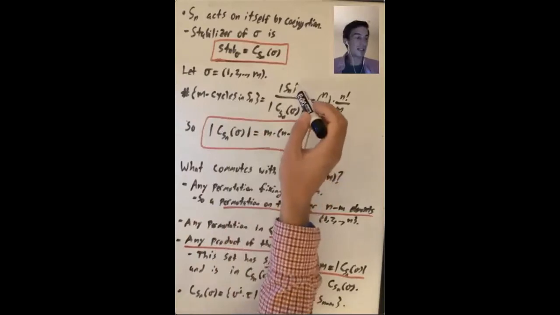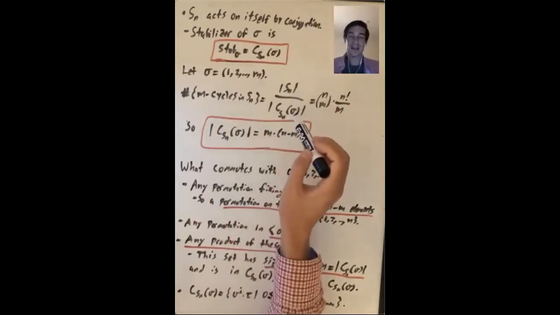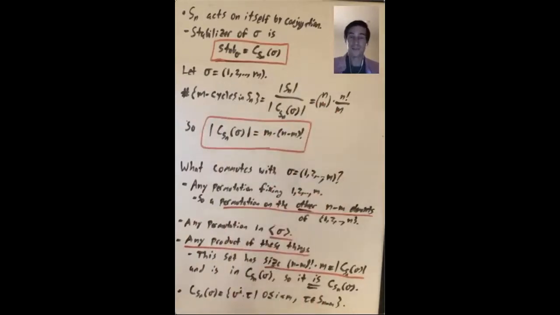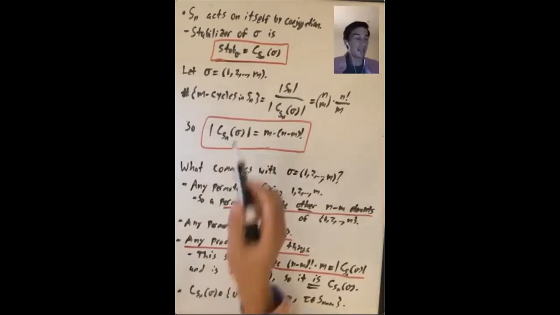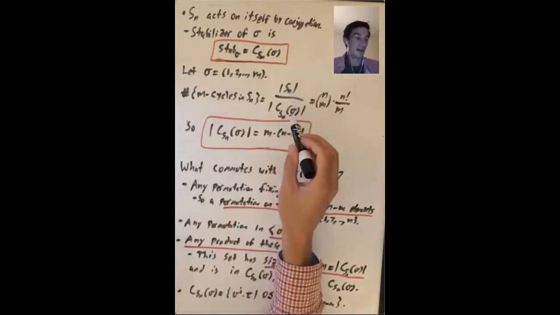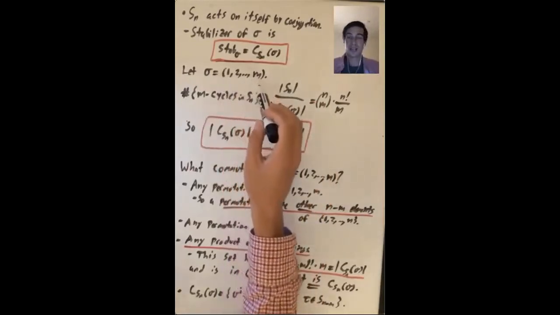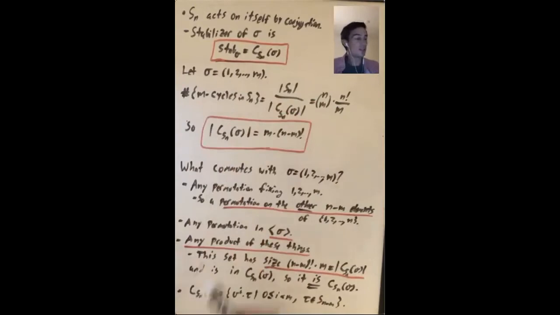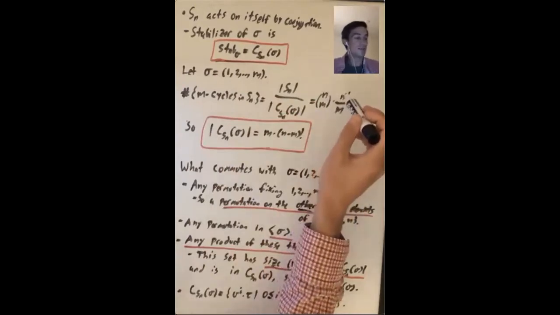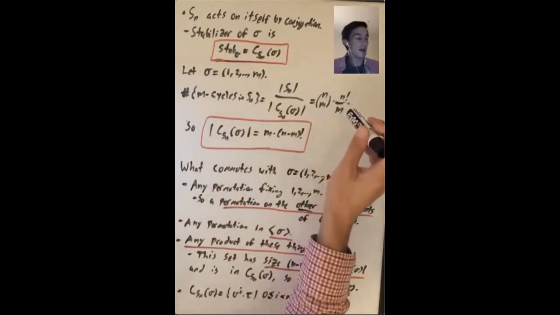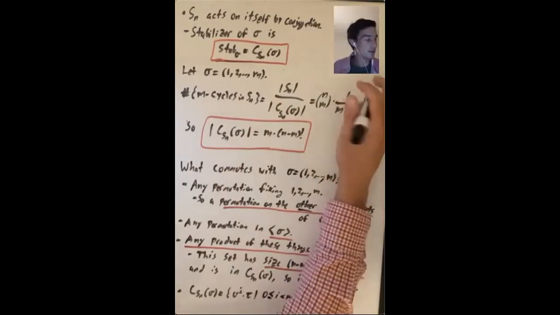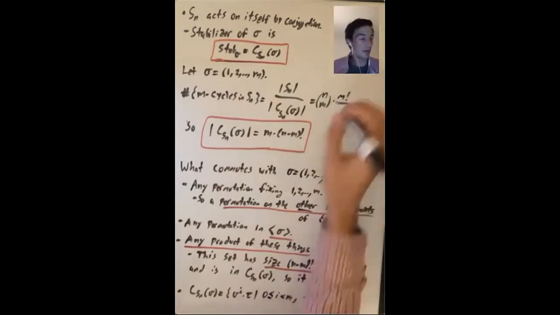It's the size of Sn divided by the order of the stabilizer of any representative element in this orbit. So it's the size of Sn divided by the order of the centralizer of this particular m-cycle. But we just computed that this is n choose m times m factorial divided by m.